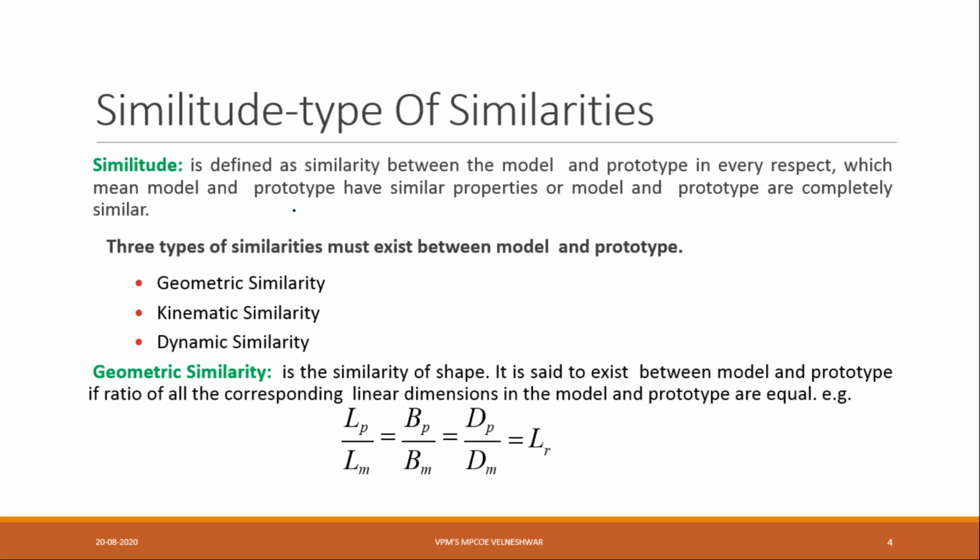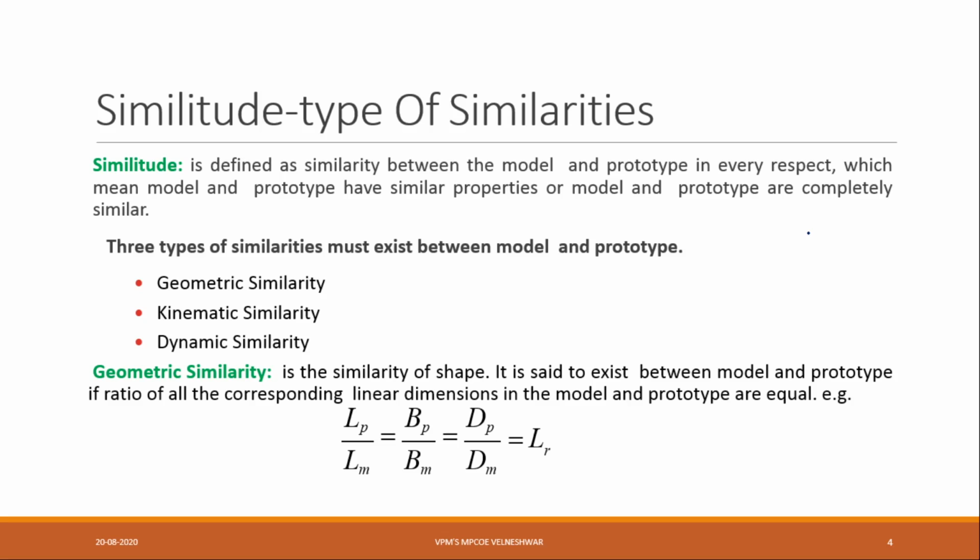That means in each and every point we have to show the difference between the actual model and the prototype. Almost everything should have the same properties. Then only we will get exact results, whether our hydraulic structure is safe or not. So most of the time we have to prefer that properties and everything should be the same.